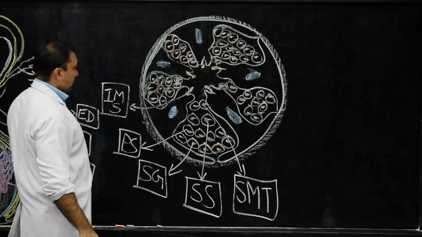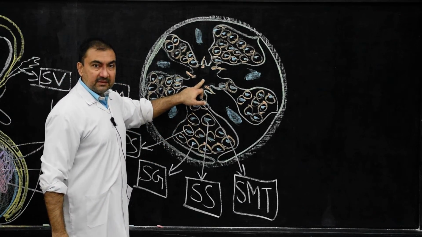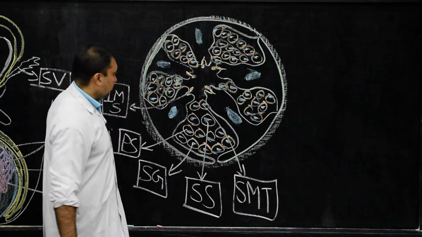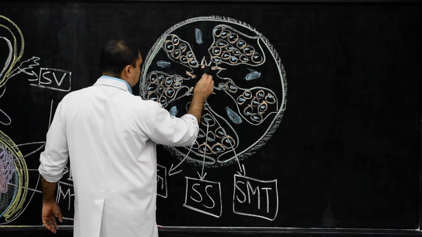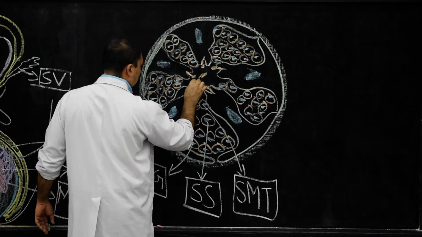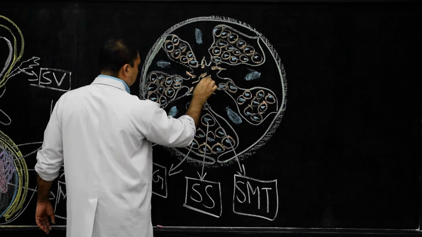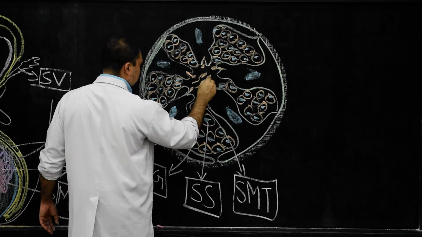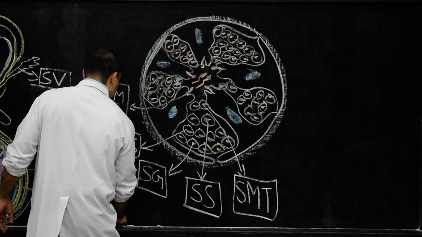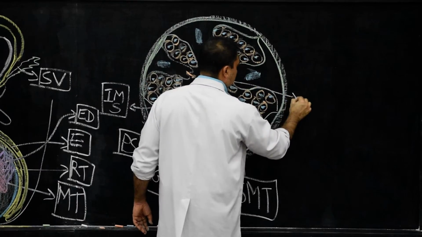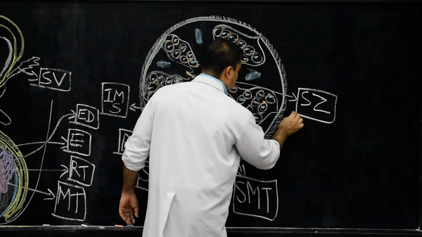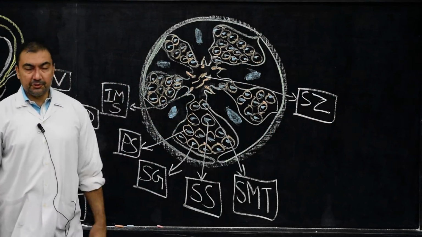And finally, deep inside in the lumen, you find a greater amount of spermatozoa. So deep inside here, we will draw and show the spermatozoa. This is how we show the spermatozoa, which will occupy the lumen of the seminiferous tubules.